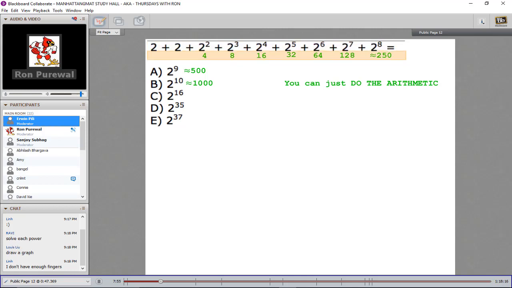Because 2 to the 16th is going to be 1,000 times 2 six more times. So that's going to be between 50 and 100,000. So if you just do these approximate numerical values, it becomes really obvious that C, D, and E are way too big. There's no point in even trying to estimate these. Give me a smiley face if that makes sense.